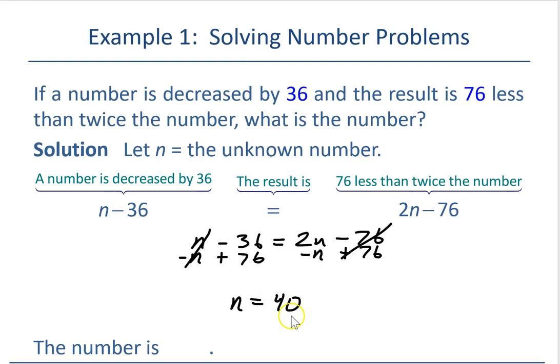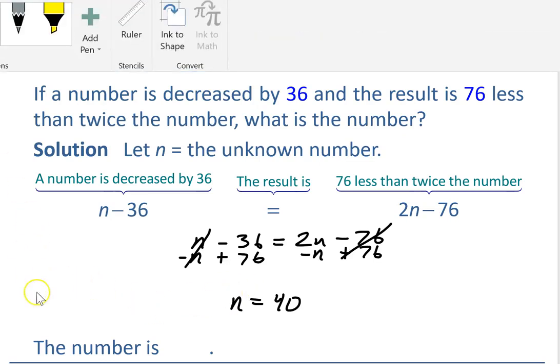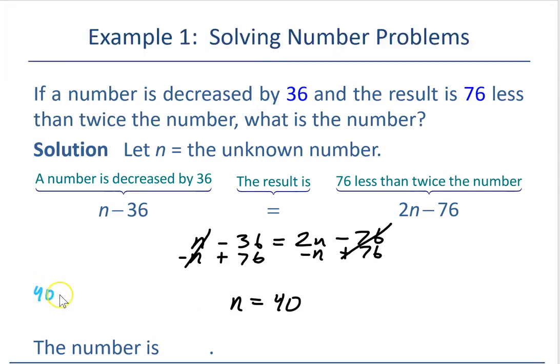Now, can we go back in there and check that? Sure. Plug everything back into it, and we have 40 minus 36 is equal to 2 times 40 minus 76. 40 minus 36 is going to give me 4.